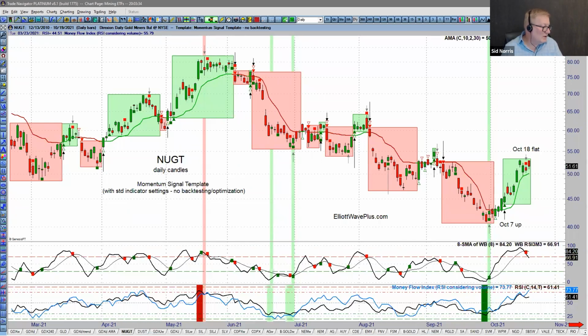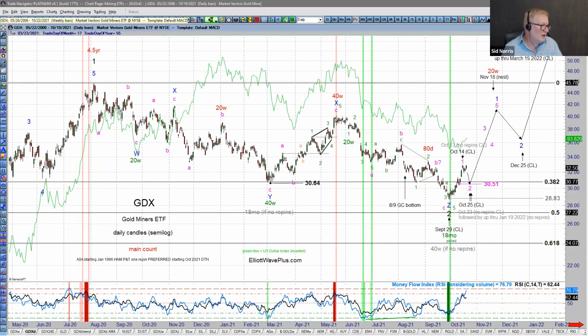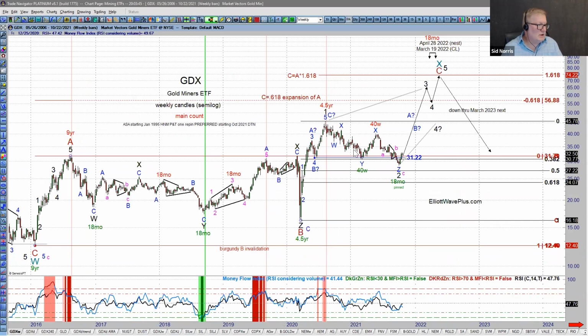And another blog post I put up not too long ago was about the miners. I posted a blog post back here right after this low, and I said, according to Hurst, yeah, we're going to get a decent rally out of here, but this still isn't the bottom. We're probably going to get the bottom more like over in August.